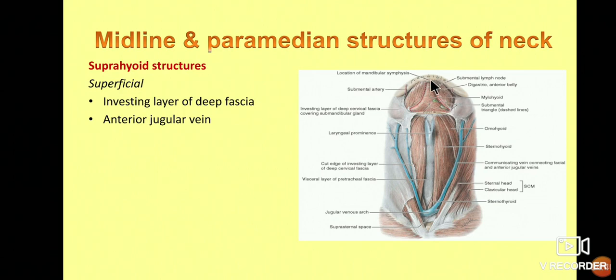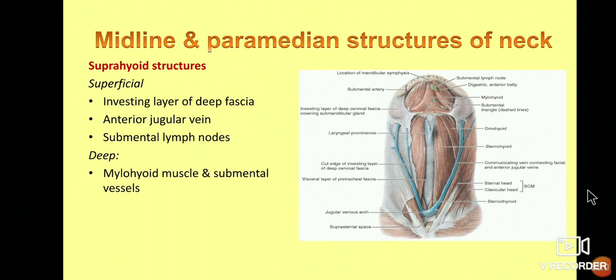Then, the submental lymph nodes are very important because they drain the tip of the tongue and also the central part of the lower lip and the adjoining gum region, and they also drain the submental region. All these things I have described in the anterior triangle of the neck, in the muscular triangle and the submental triangle.